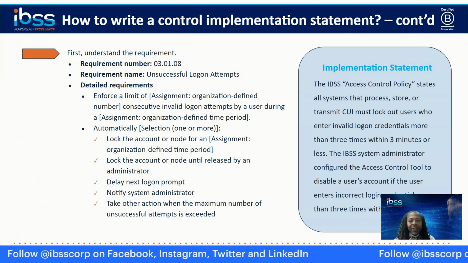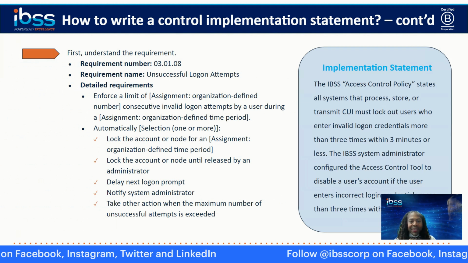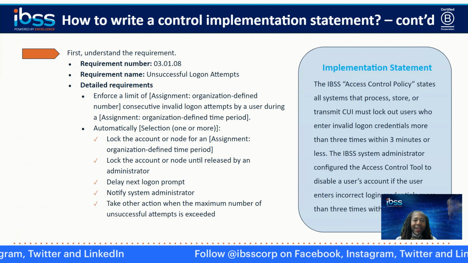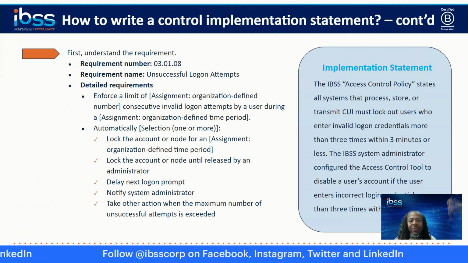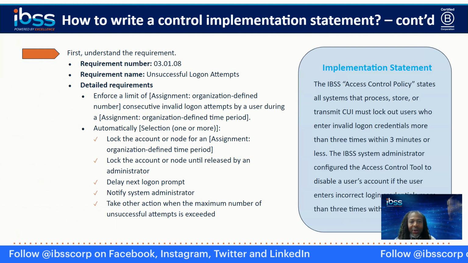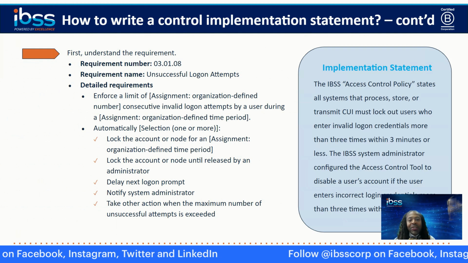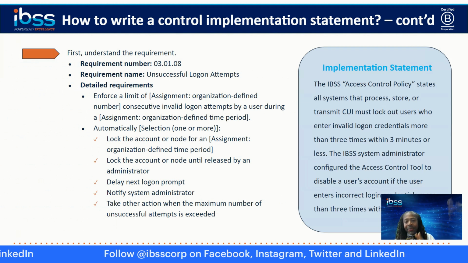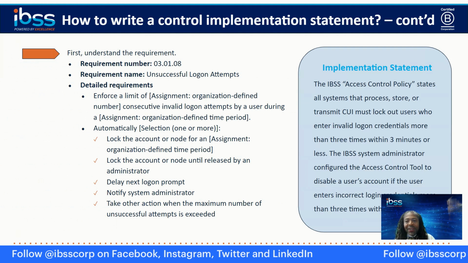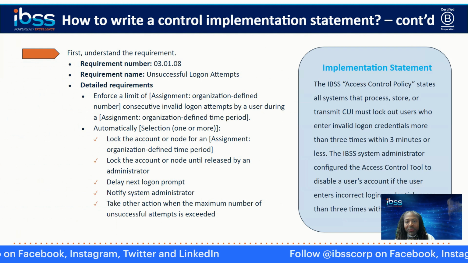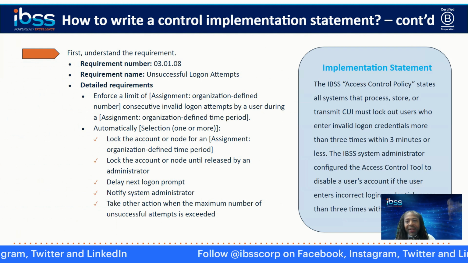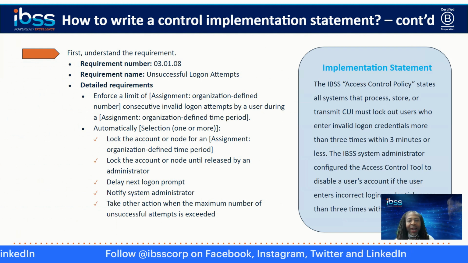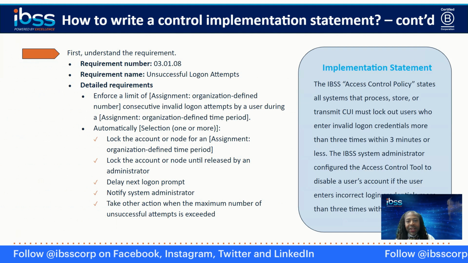So the fictitious IBSS access control policy states that all systems that process, store, or transmit CUI must lock out users who enter invalid logon credentials more than 3 times. That's number one. So if you notice here in the detailed requirement, it says enforce a limit of unsuccessful logon attempts. So IBSS has said 3.